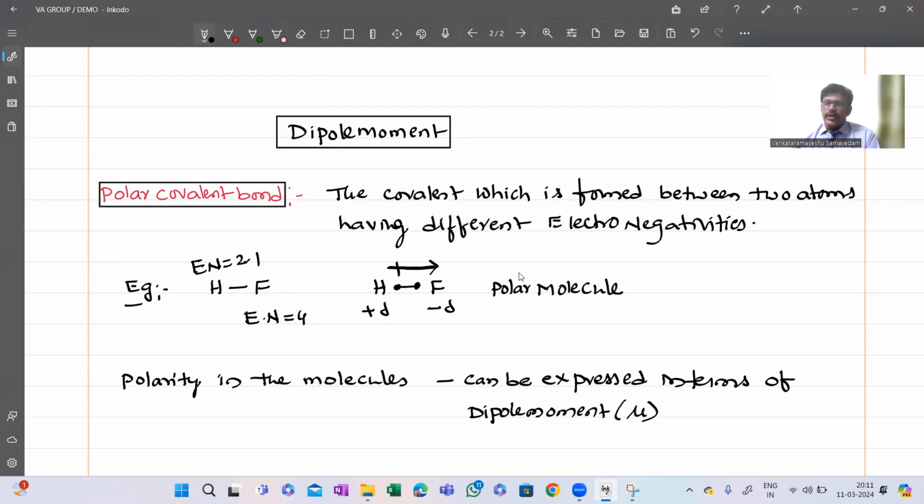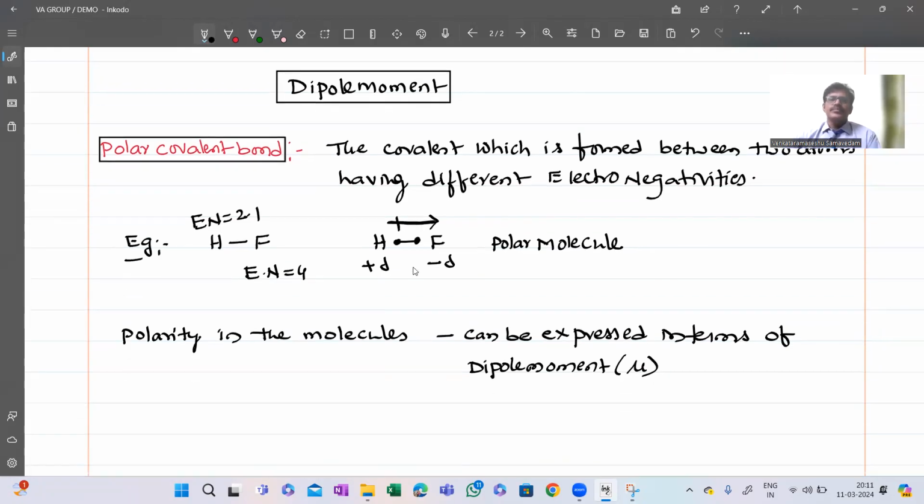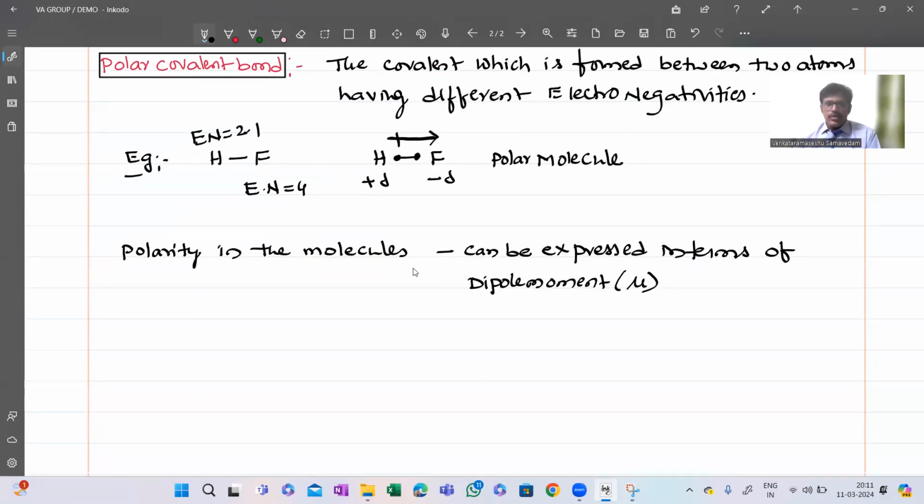It will be represented with the letter mu. HCl molecule is polar.